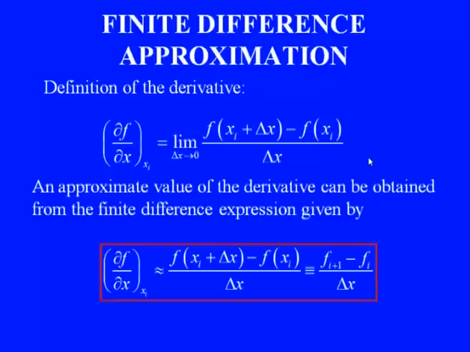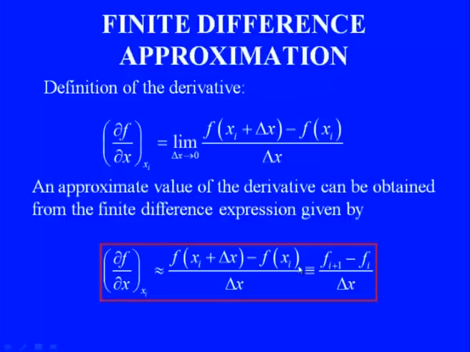Now, if you want to obtain an approximation to this derivative, what we can do? That approximate value of derivative can be obtained from the finite difference expression, where we do not let delta x become 0, we will take a finite delta x, that is why we use the term finite difference. So, delta f by delta x, that is derivative of f with respect to x at point xi, this can be approximated by the simple finite difference, the value function f at point xi plus delta x minus f of xi divided by delta x.